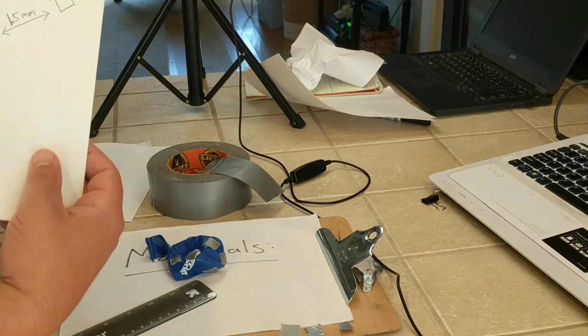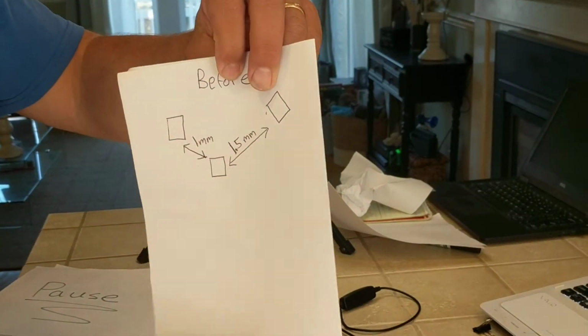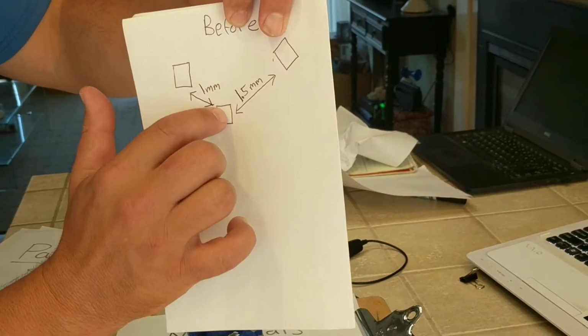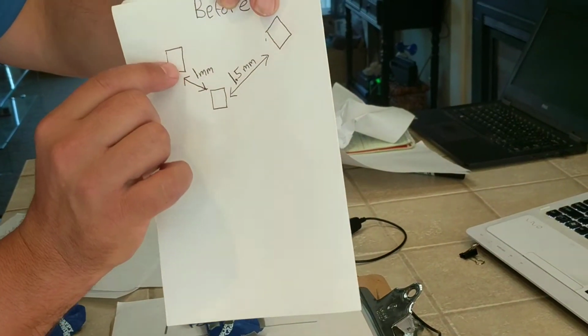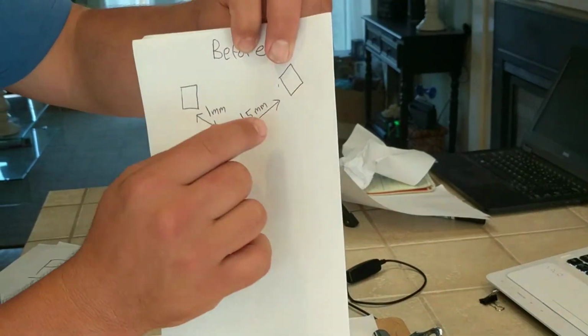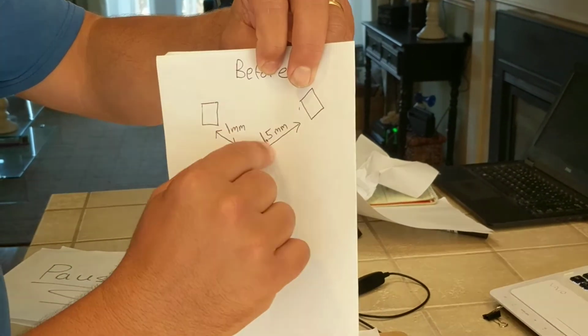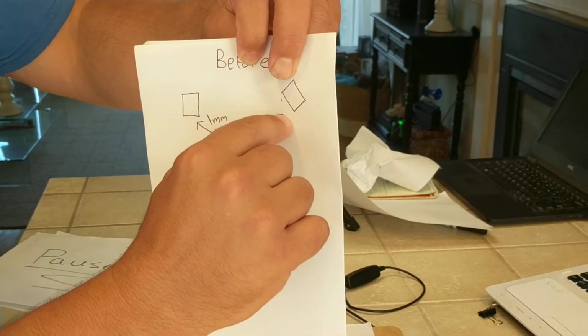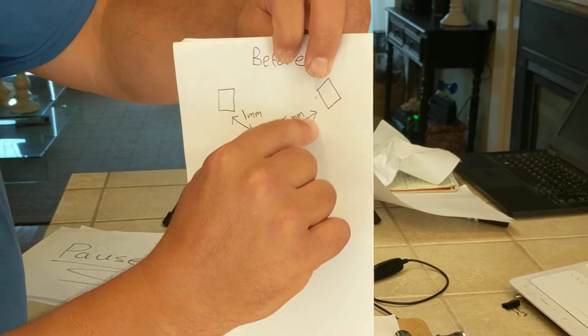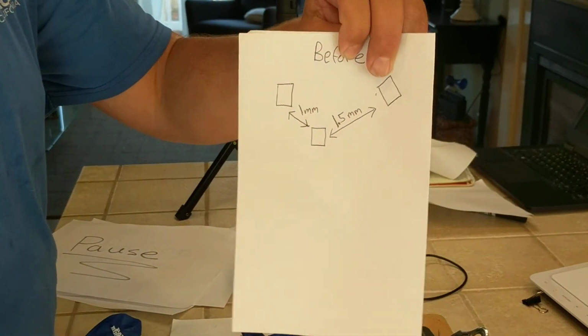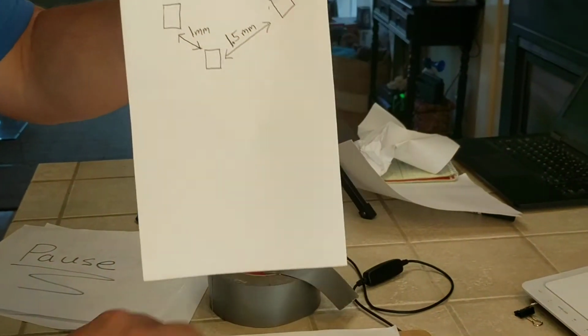So it looks like this. And what I saw is that from the one tape in the center, another tape is about 1 millimeter away when it's deflated, and another piece of tape is about 1.5 millimeters away. Okay, so we'll use that also as part of our observations.